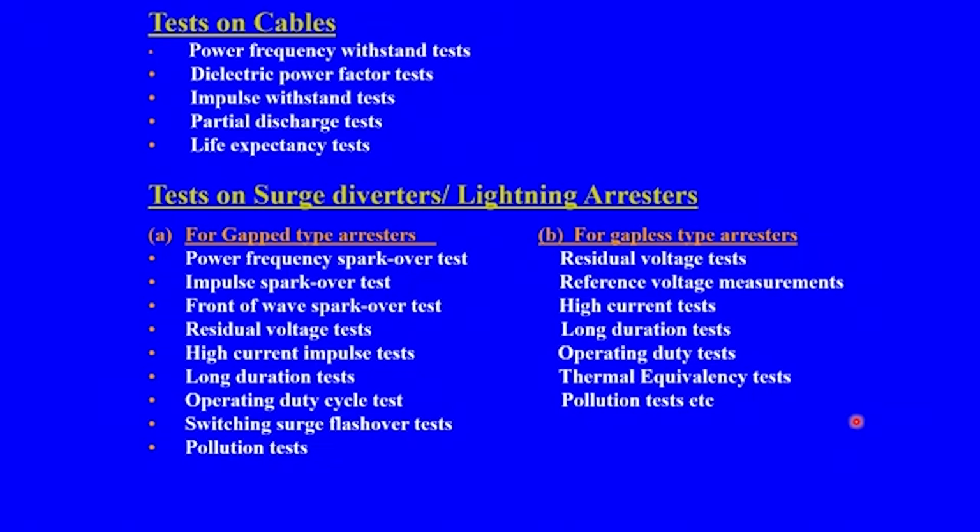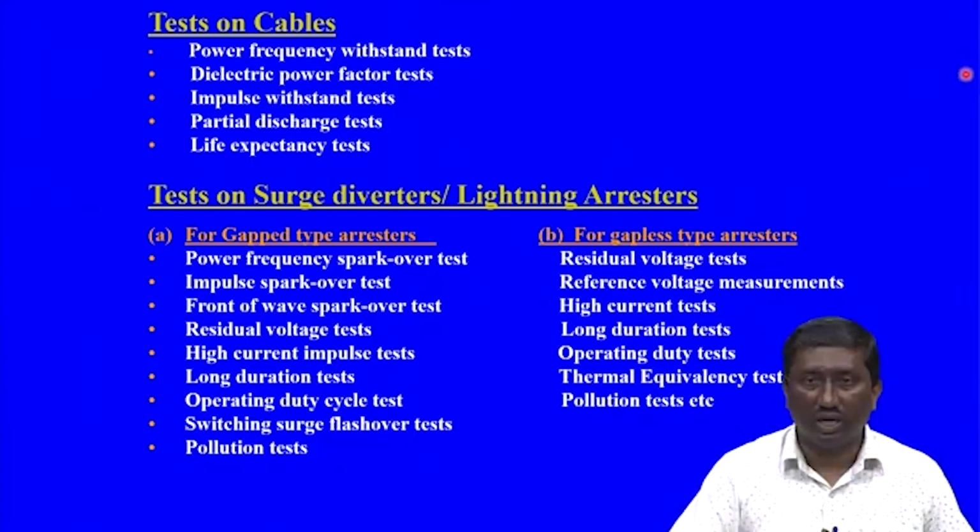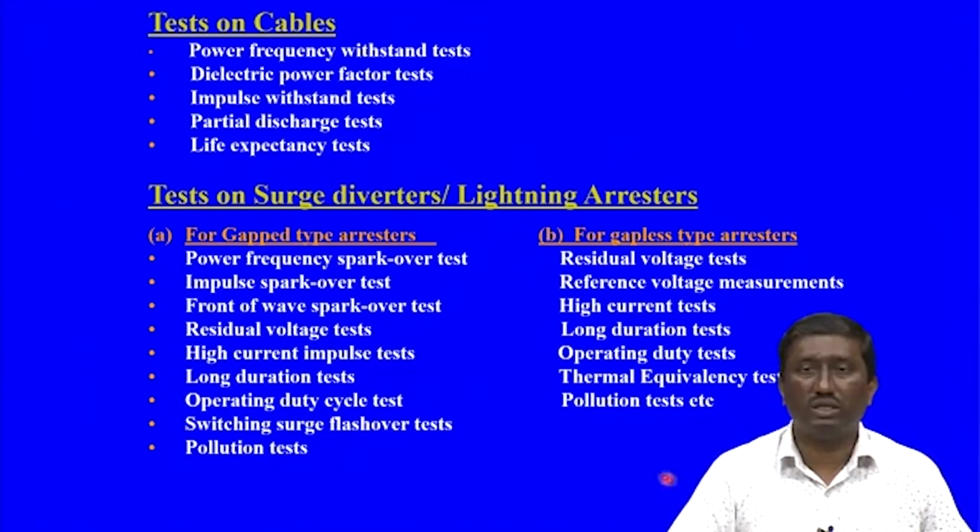This temperature could heat up the discs, and they could offer lesser resistance, so the current flow could be more. That is the reason the thermal equivalency has to be established. That again is prescribed to be carried out over a period of time, to check the thermal equivalency performance of an arrestor. Then the pollution test.